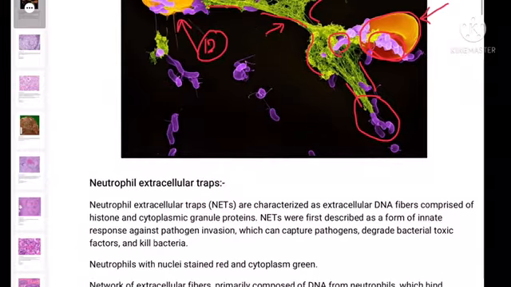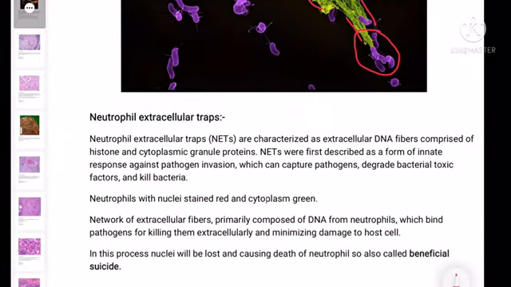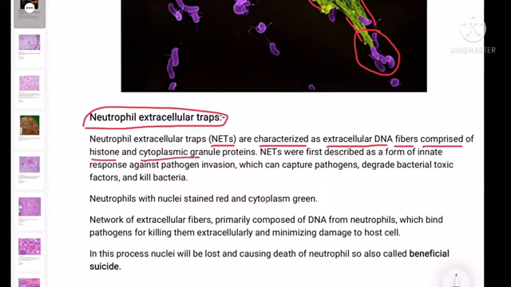So if you want to read the description, you can say that neutrophil extracellular traps, the NETs, are characterized as extracellular DNA fibers comprising histone and cytoplasmic granular proteins. NETs were first discovered as a form of innate response against pathogen invasion, which can capture pathogens, degrade bacterial toxins, toxin factors, and kill the bacteria.